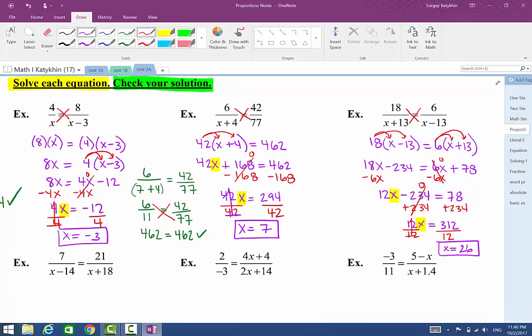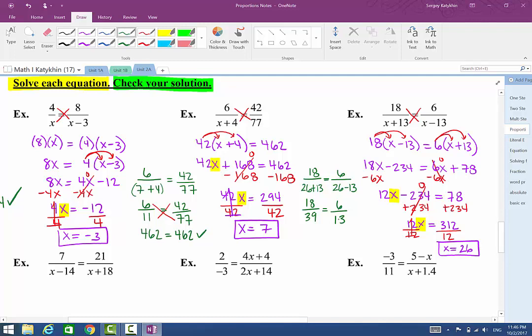Now let's go ahead and check our solution by plugging those values in. Remember, our x was 26, so using substitution, we get 18 divided by 26 plus 13 is equal to 6 divided by 26 minus 13. So the first one is 18 divided by 26 plus 13, which is 39, is equal to 6 divided by, well, 26 minus 13 would actually be 13.